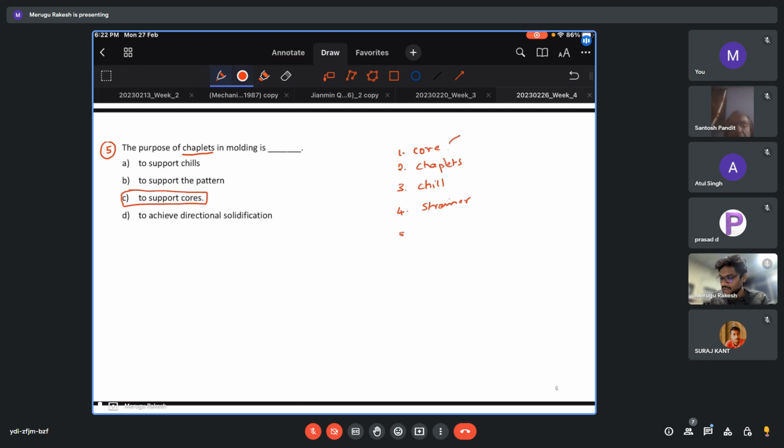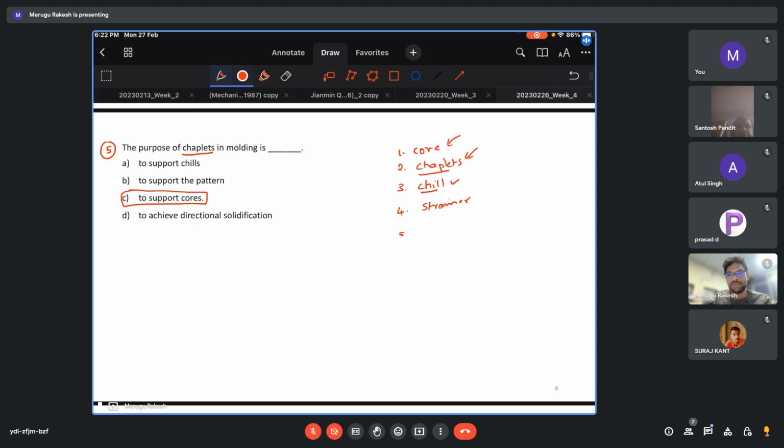So basically, core is the thing that we use to produce hollow cavities, any cavity inside a casting. Chaplets are the things that we use to support the core. If you have any buoyancy force acting on the core, it might get lifted due to that force of buoyancy. So we need to support the core and avoid that. That is where we are using these chaplets.